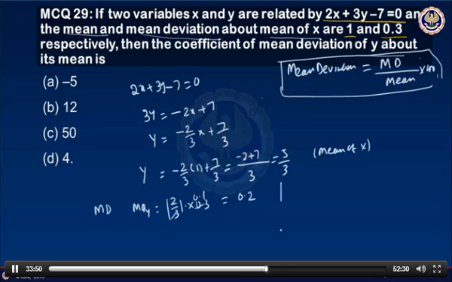Now we find the coefficient of mean deviation of y based on the formula. The mean deviation of y is 0.2 and the mean is 5 by 3, into 100, which is equal to 12. 12 is the right answer. Option B is the correct answer.